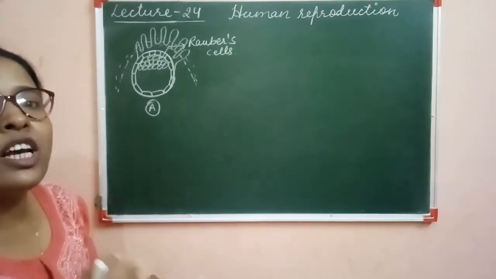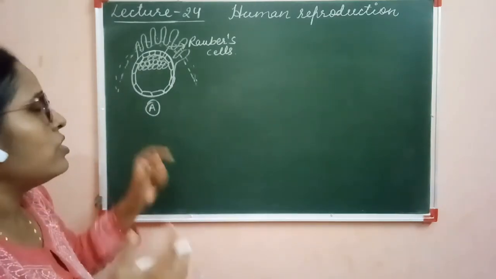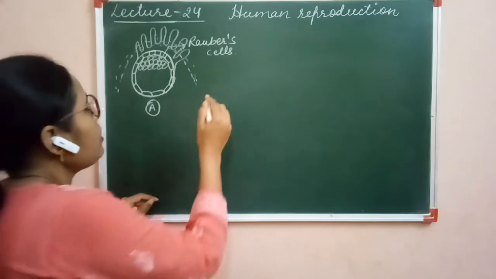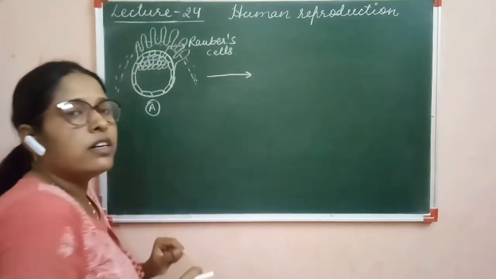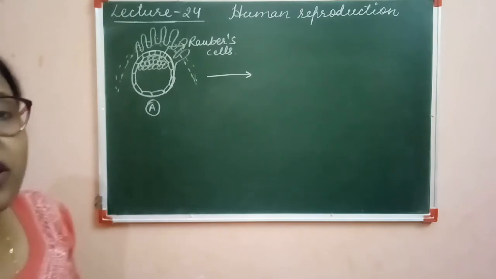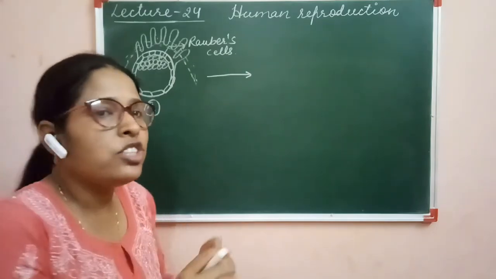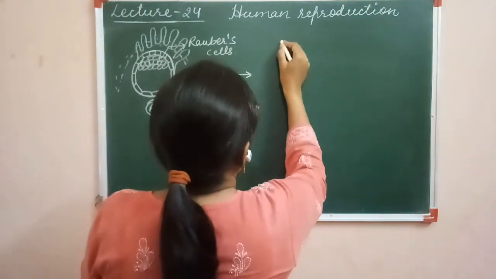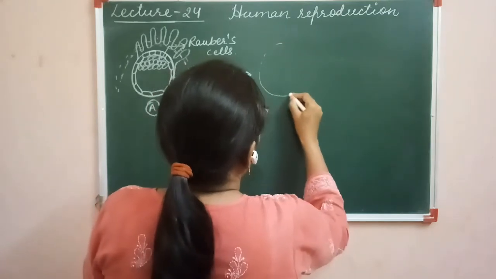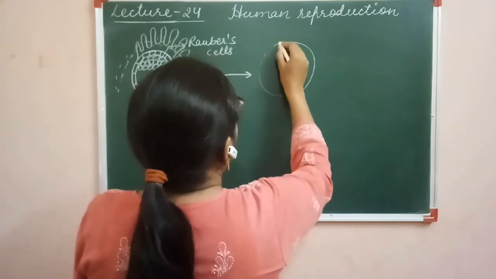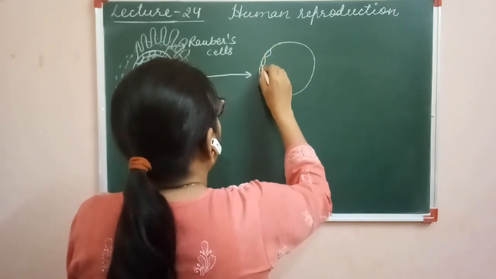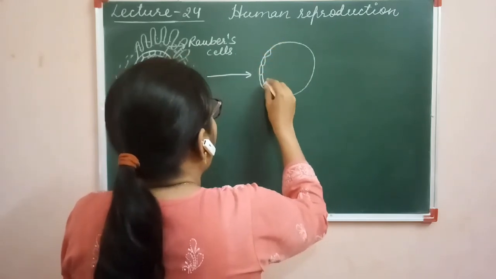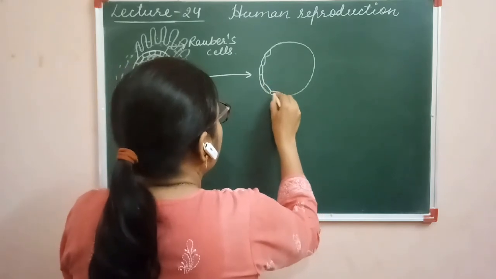Now what are the changes taking place in this structure? In the next structure, the first change appears, that is the Rauber's cells start degenerating. Here I am drawing the structure. This is the structure and these are the trophoblast or trophoectoderm.